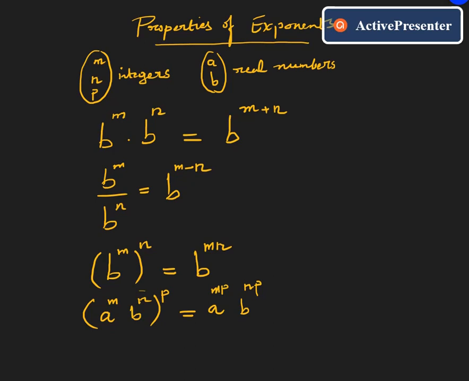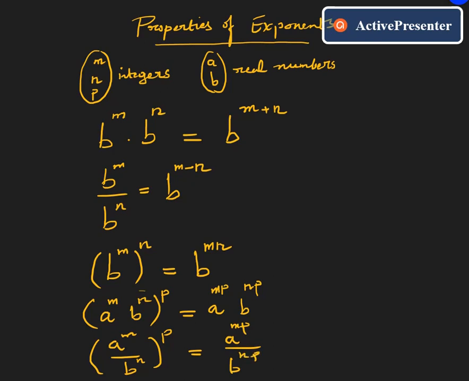The final property, also in the form of power: if we say a to the power m over b to the power n, all to the power p, this is equal to p multiplied by m and p multiplied by n. So it should be a to the mp over b to the np.